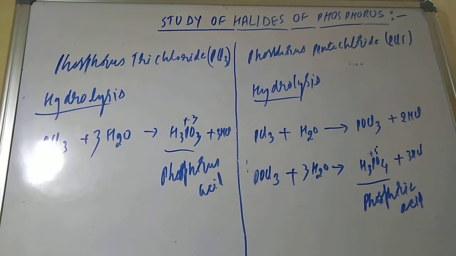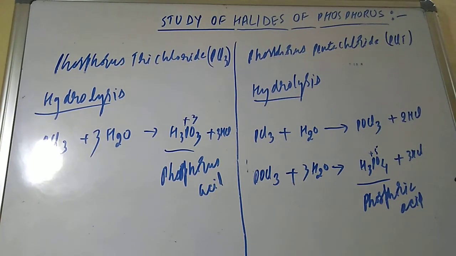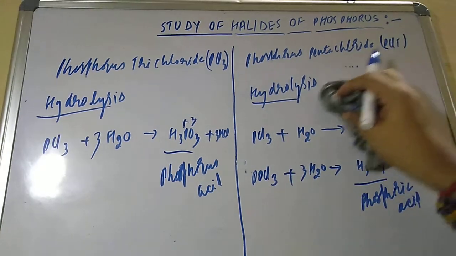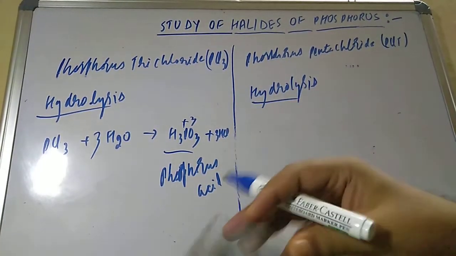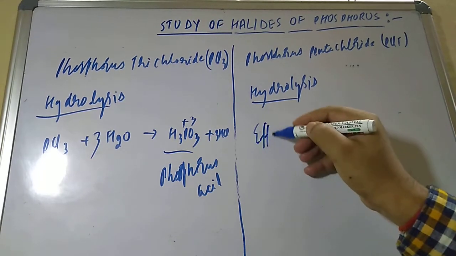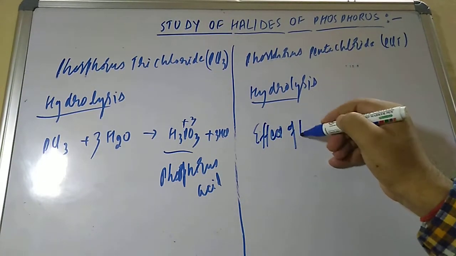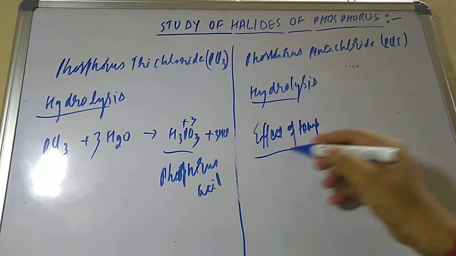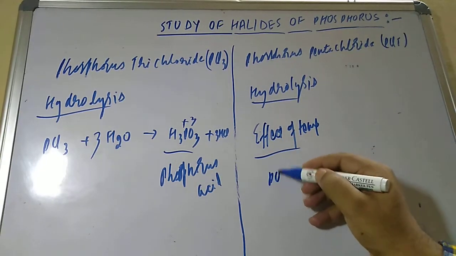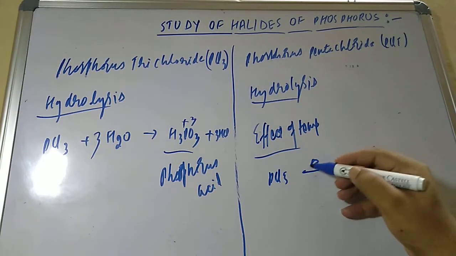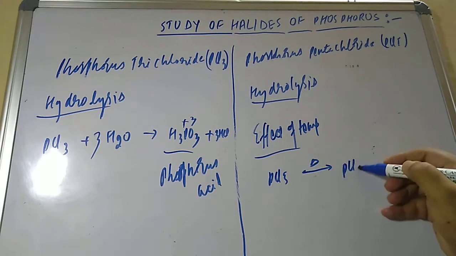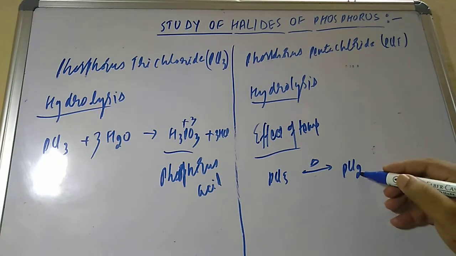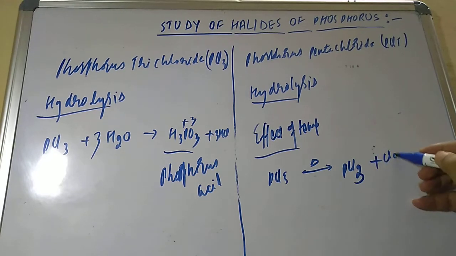So these were the chemical properties of PCl3 and PCl5. What are the other chemical properties here? Effect of temperature. If you apply temperature to PCl5, it will decompose into PCl3 and Cl2.